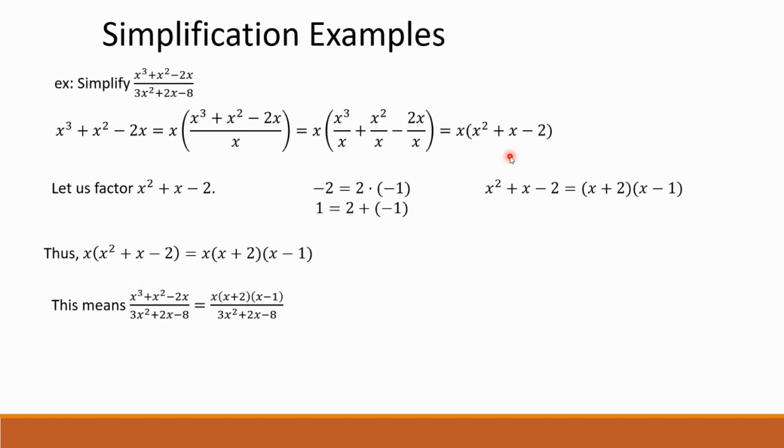And now we want to factor this, x squared plus x minus 2. It's a trinomial, meaning there are 3 terms. It's degree 2. The leading coefficient's 1. So we want 2 numbers whose product is minus 2 and whose sum is 1, the coefficient of x.